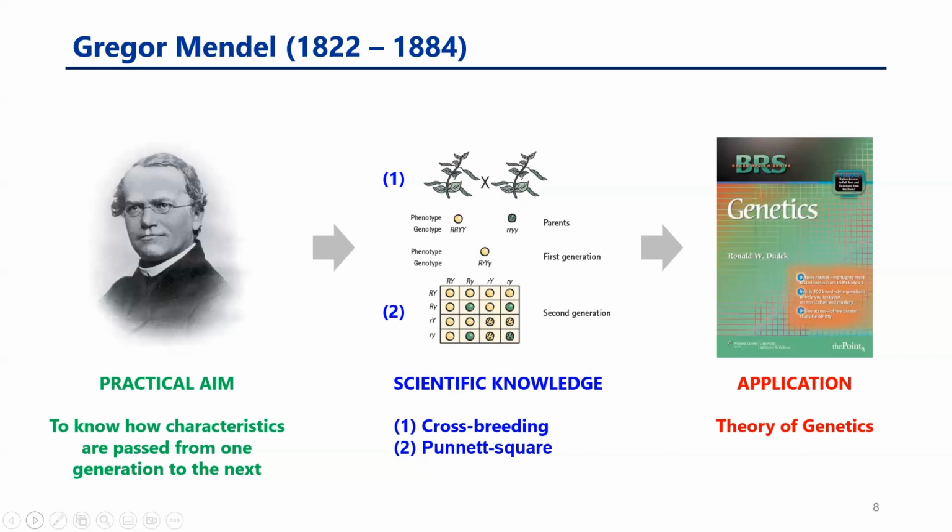First, people knew that crossbreeding could produce different offspring. And someone had invented a kind of matrix called the Punnett square that was used to organize information. Putting those two things together and doing some experiments, Mendel created the theory of genetics.